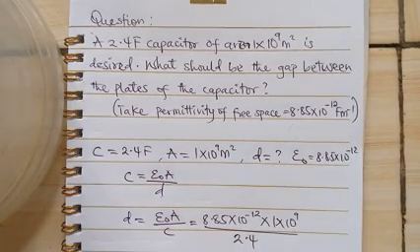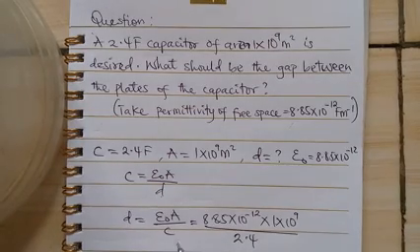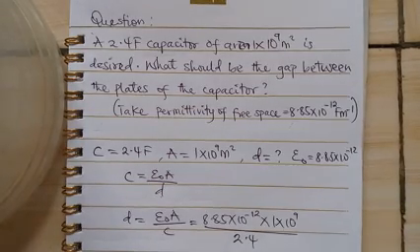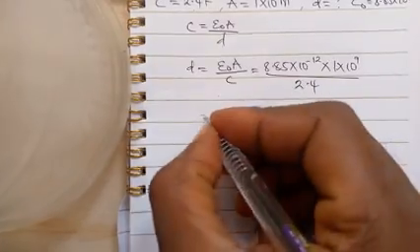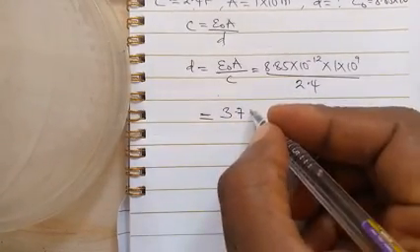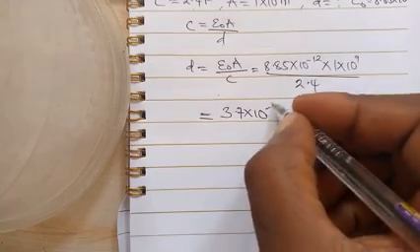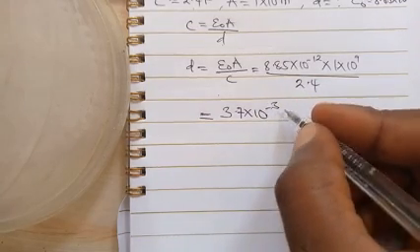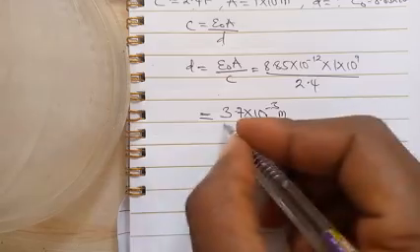If we press the calculator, this will give you that the distance is 3.7 times 10 raised to power minus 3 meters, since it's distance in meters.